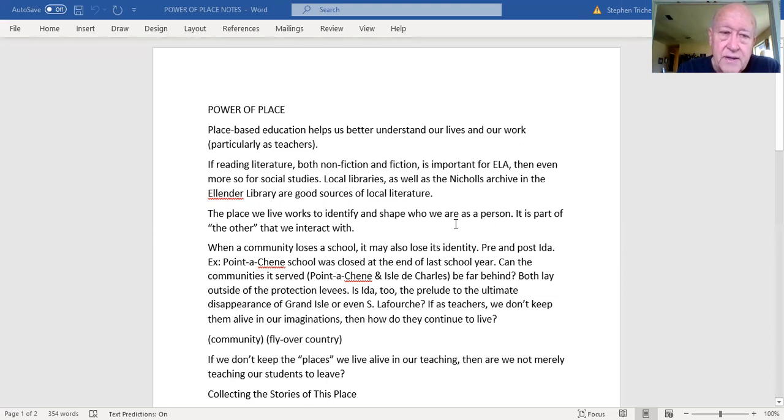And it helps the teacher and the student better understand how our local history, let's say, and local governance fits into the national picture, and how our geography fits into the national picture.